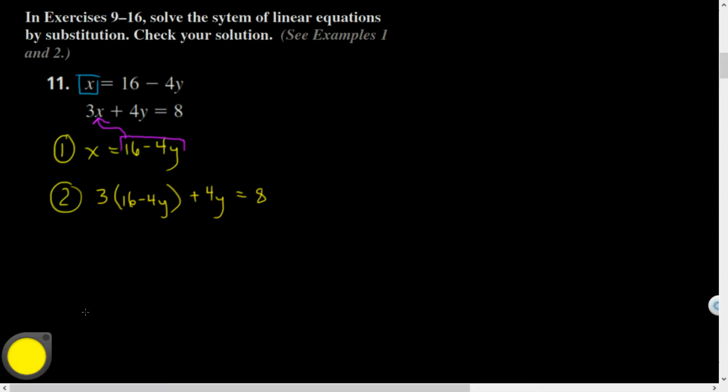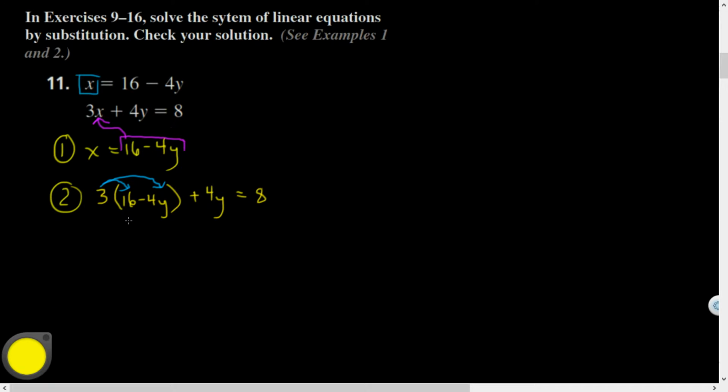Now this equation is a little bit uglier than either of the original two, but it has one benefit, being written all in a single variable. There's only y's in this guy. There are no x's.